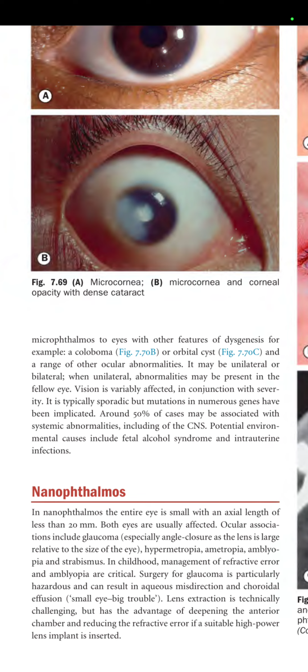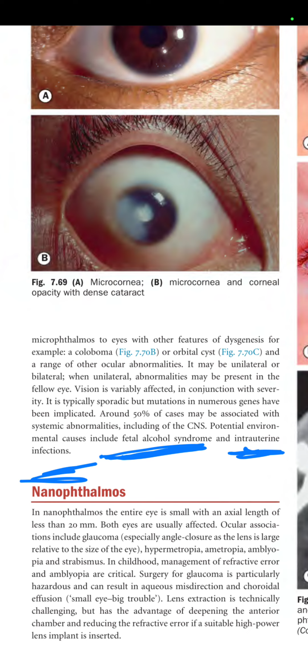It is typically sporadic, but mutations in numerous genes have been implicated. Around 50% of the cases may be associated with systemic abnormalities, including the CNS. Potential environmental causes include fetal alcohol syndrome and intrauterine infection. So, one important thing: fetal alcohol syndrome and intrauterine infection.